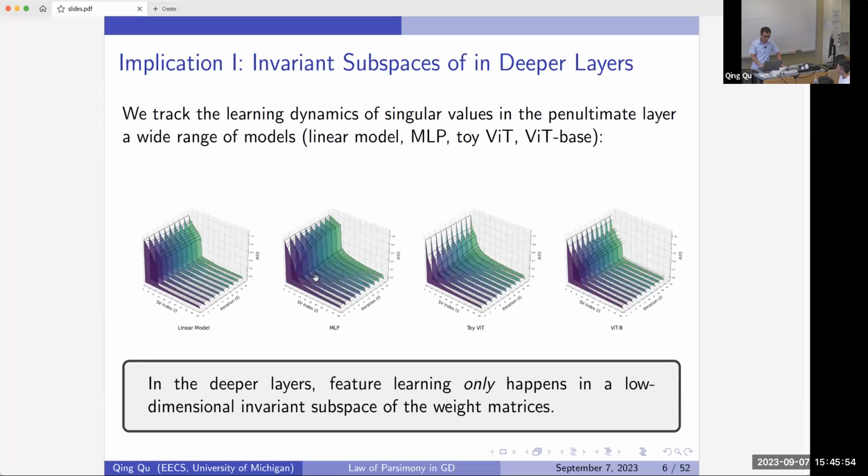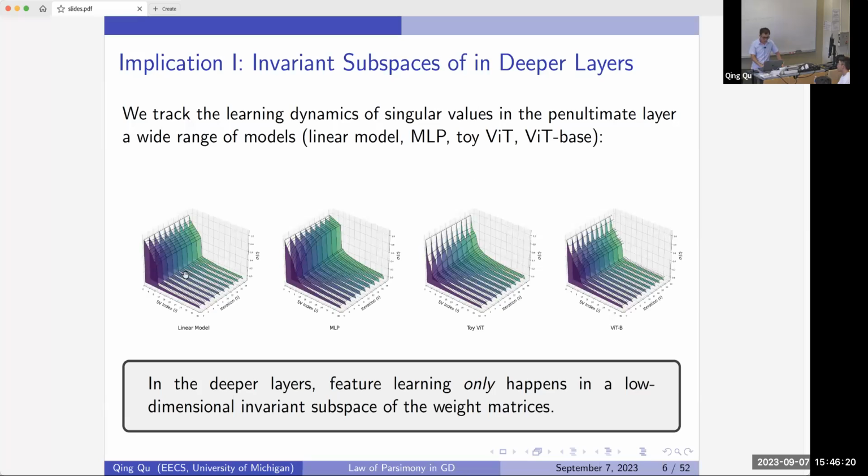Here we are plotting the gradient learning dynamics of the final layers of some neural networks, like deep linear networks, multi-layer perceptron networks, toy ViT, and some other variants of vision transformer models. For ViT, I'm plotting the MLP layers.